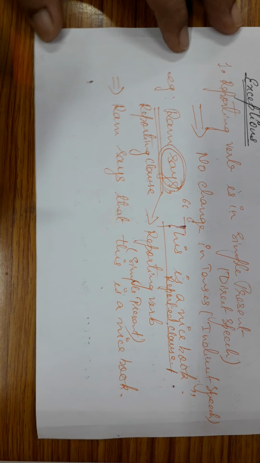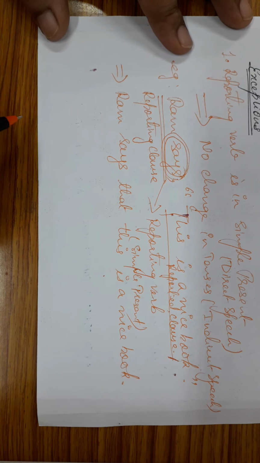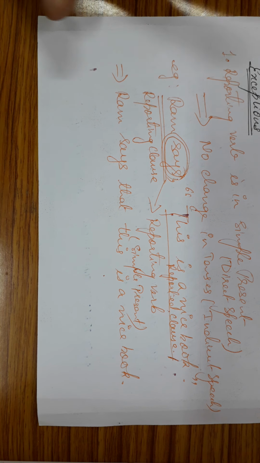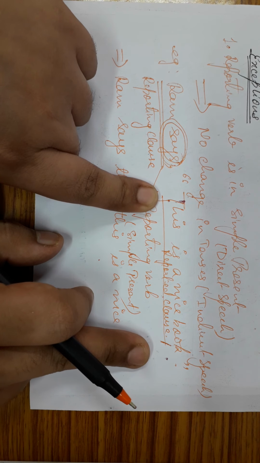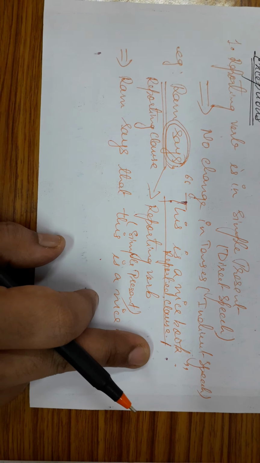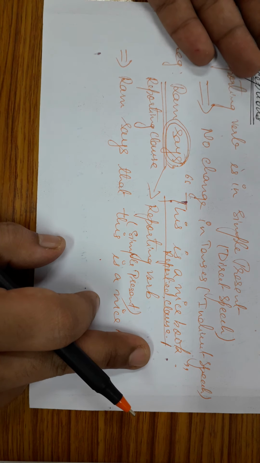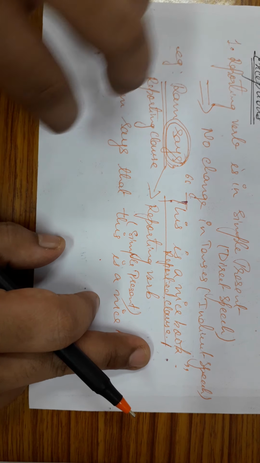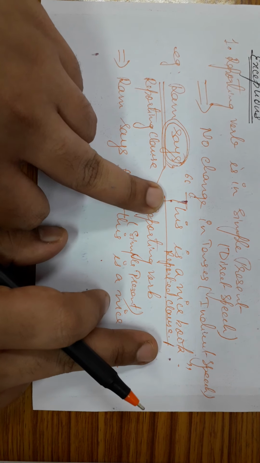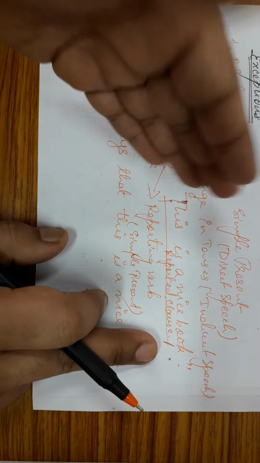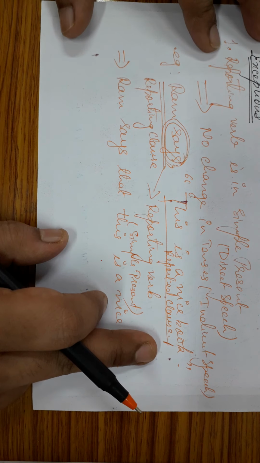This is one exception. Another exception is even if the reported clause is not in simple present, but if the reported clause is showing something which is universally true, or contextually there is truthfulness in that particular reported clause, then again there is no change in indirect speech.